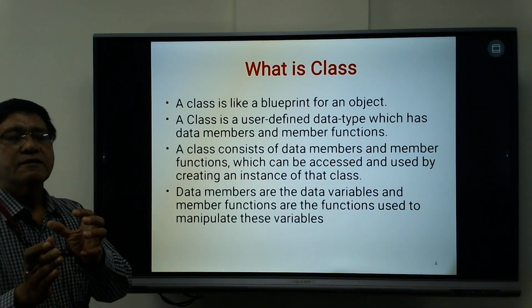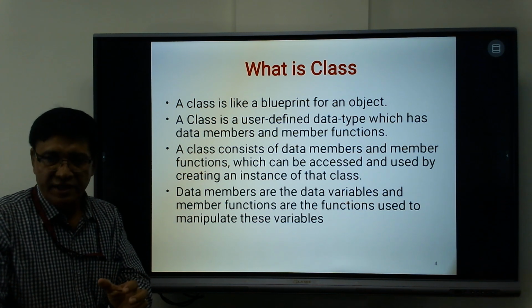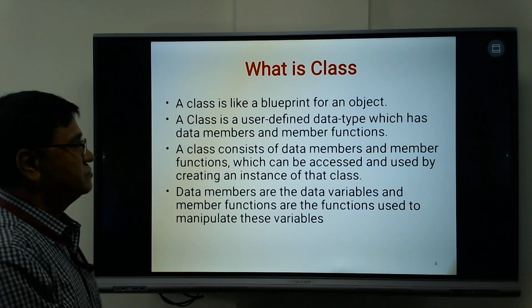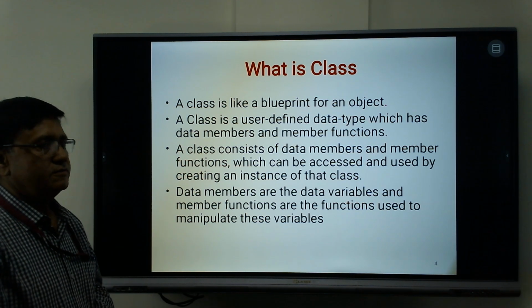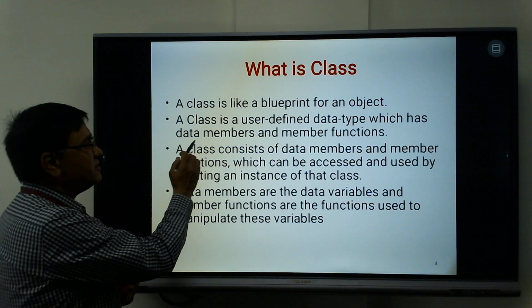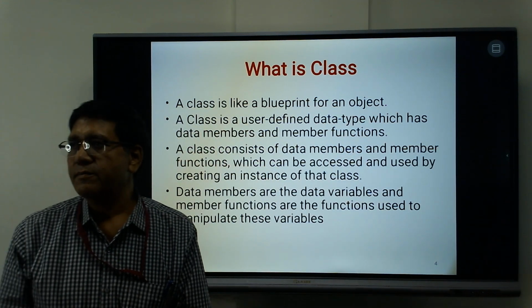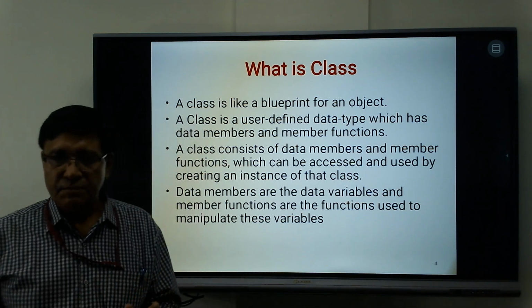Blueprint means that all the things which we want to manage for this object, we mention in the class. All the functions and variables we mention in the class when defining a class. A class is a user-defined data type. Normally, int, float, char are the inbuilt data types.